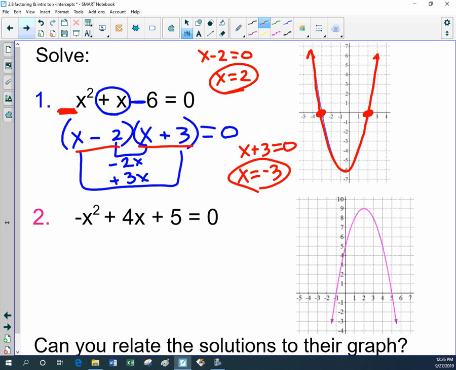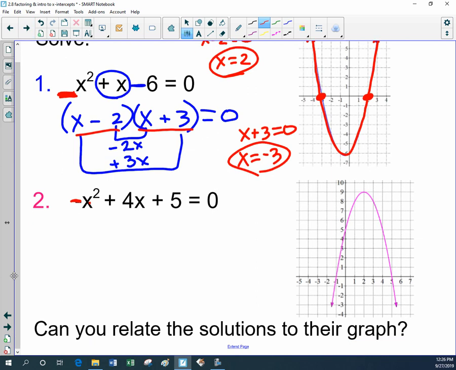If the number in front of x squared is positive, the graph is going to open up. If the number, like on number 2, the number in front is negative, it's going to open down. So number 2, let's take a look at it.